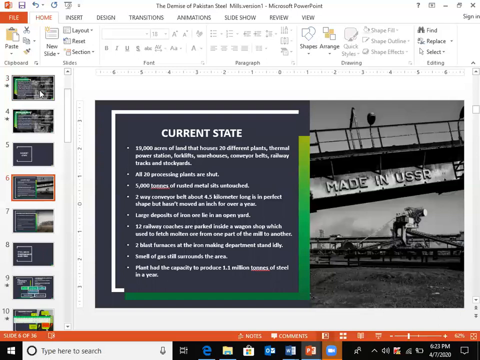You'll see railway coaches, sort of like a ghost city, iron blasts, and there's generally a smell of gas all around. Perhaps the saddest thing about it is that it has the capacity to produce 1.1 million tons of steel in a year, and yet it's producing zero, zilch, nothing.